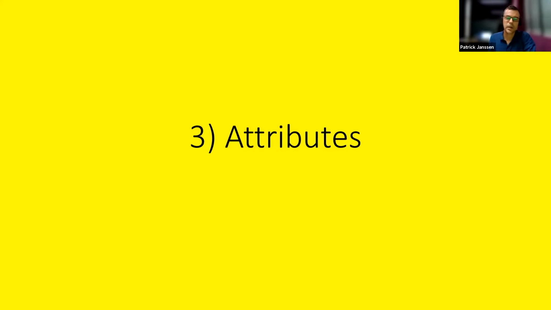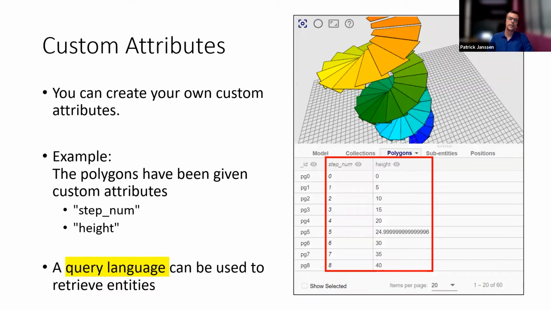So attributes is something that is very normal in GIS and in geospatial modeling. When you're using a GIS system, the attributes are as important as the geometry. You have some geometry, but maybe the geometry is just a point, and really what is important is the attributes on that point.